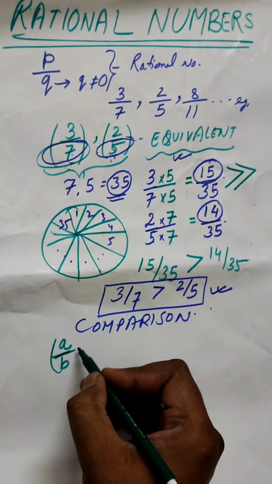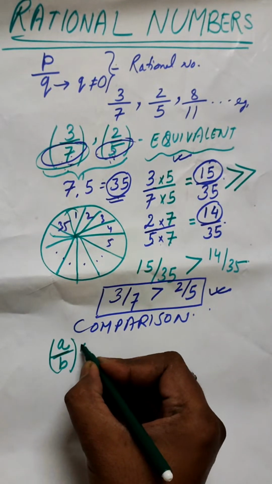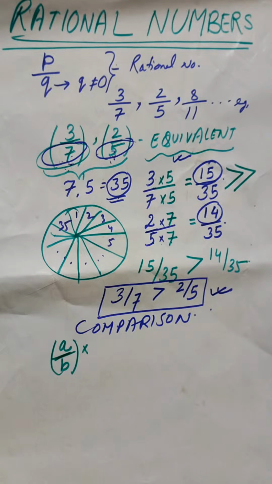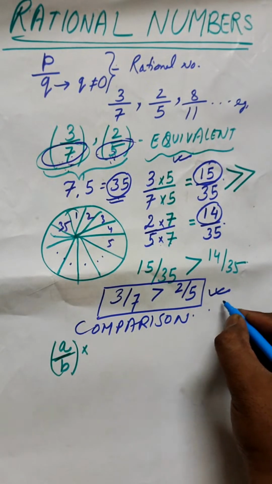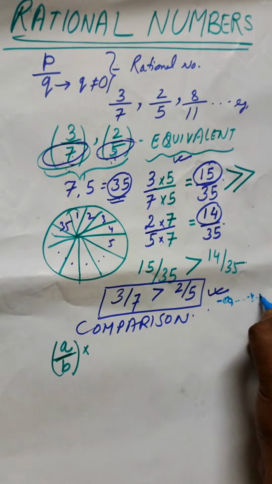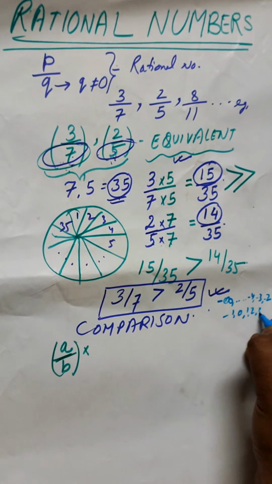So if this is a rational number, and you are multiplying it with any non-zero integer, the integers being the numbers starting from minus infinity till minus 4, minus 3, minus 2, minus 1, 0, 1, 2, 3, 4.